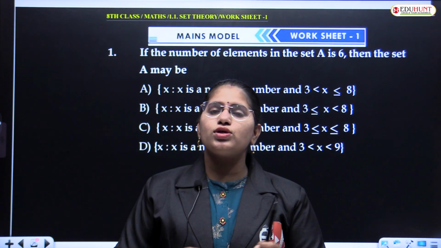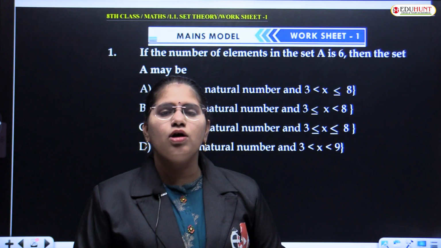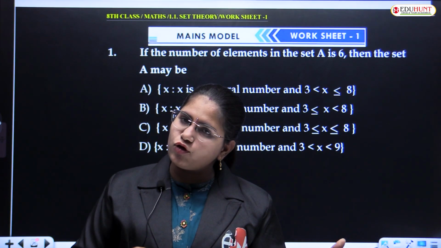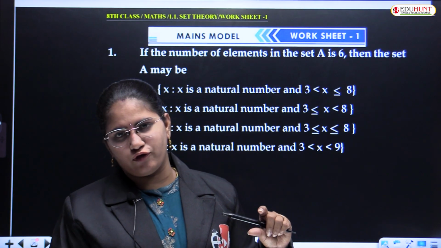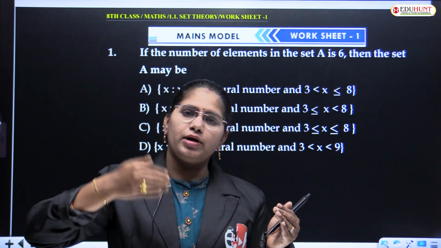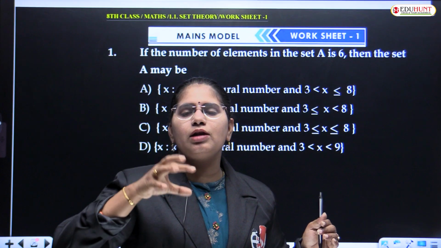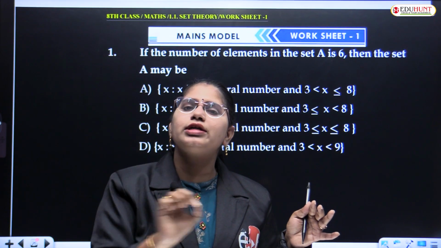I also told you a set can be represented in 2 different formats. The first one is set builder form, the second one is roster form. How do you define roster form? If they give you an expression or statement, with the help of the statement you need to write down its elements.